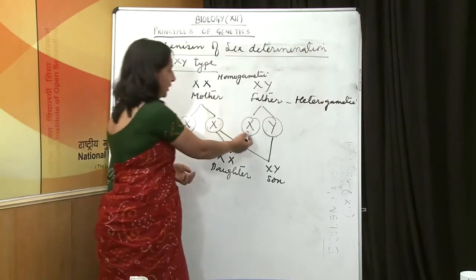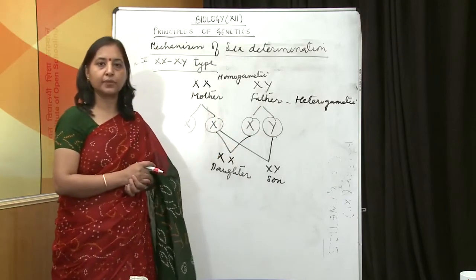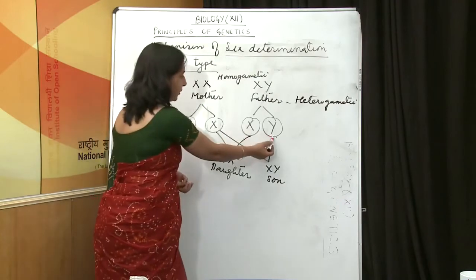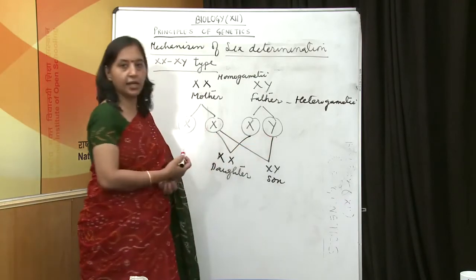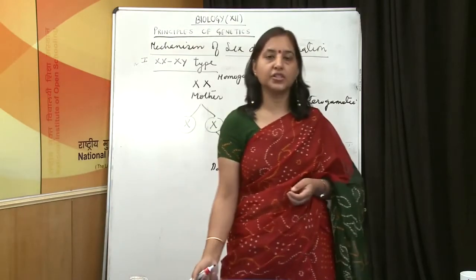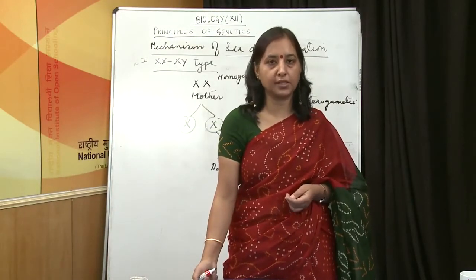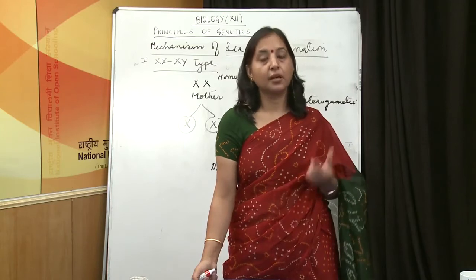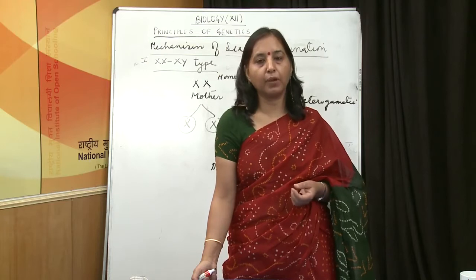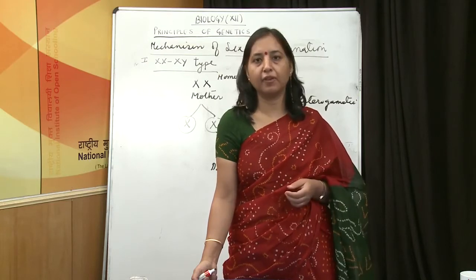If the sperm carrying the X chromosome fertilizes the egg, a daughter is formed, and if a sperm carrying the Y chromosome fertilizes the egg, the progeny would be a son. So it's a matter of chance, purely coincidental. It is wrong to blame the mother for not bearing a son in the family.